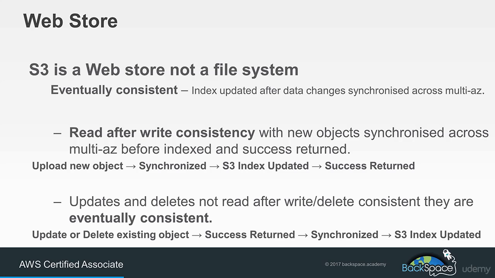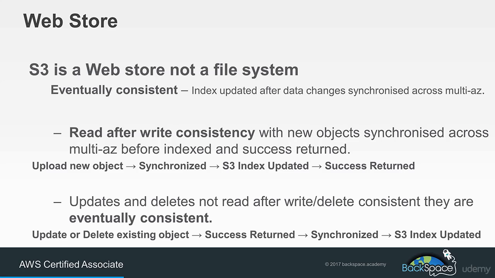With new objects, they have read after write consistency, as they are synchronized across multiple availability zones before they're indexed. What that means is that an API call would be made to upload a new object. And when we say an API call, that could be through the console, and the console is in reality a web application that uses API calls to get things done.